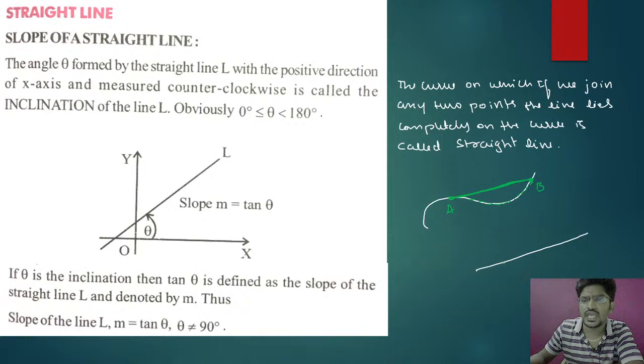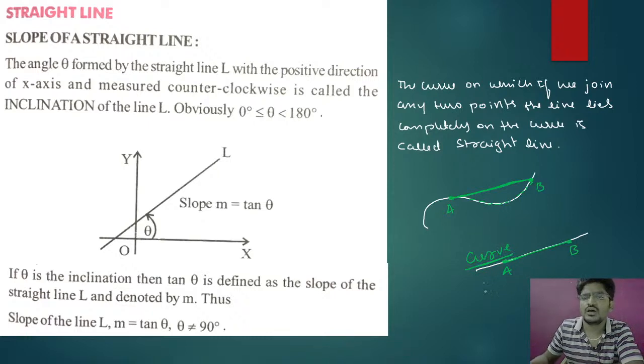But when you take any 2 points on the second curve, and if you join these 2 points, now the line segment AB completely lies on the curve. See, it completely lies on the curve.